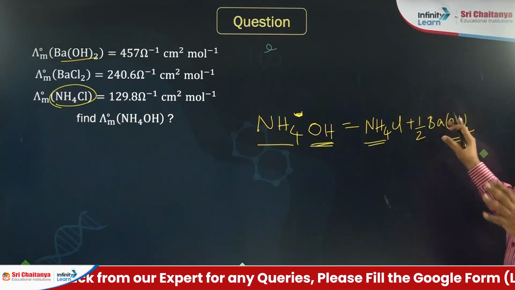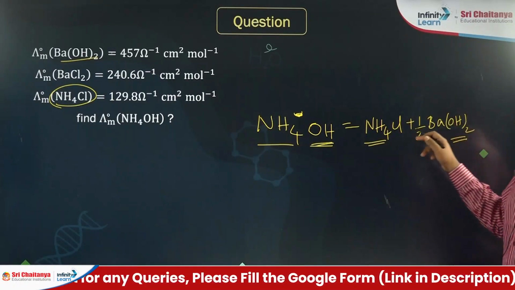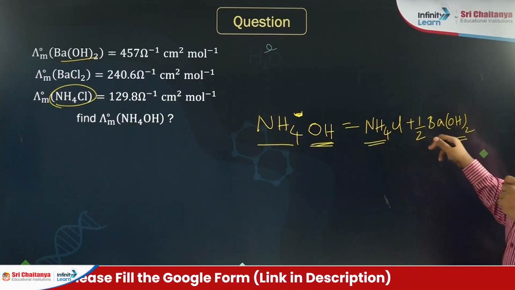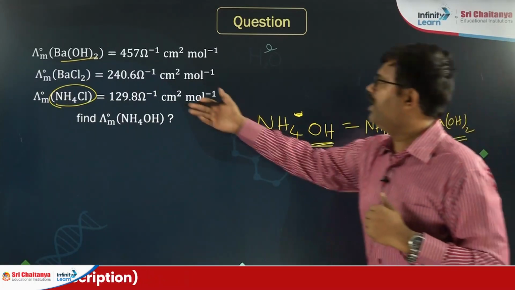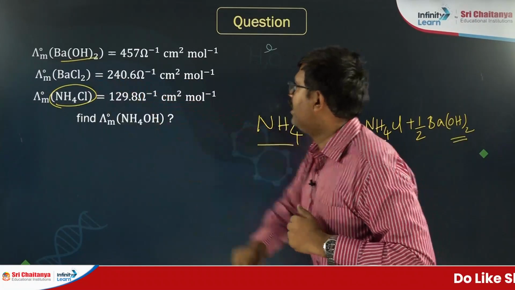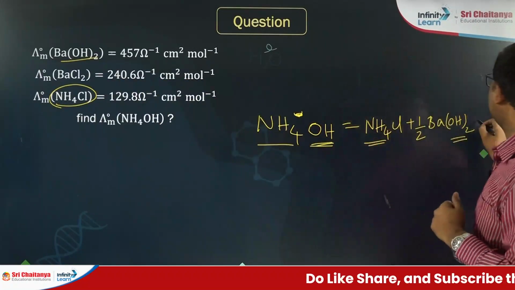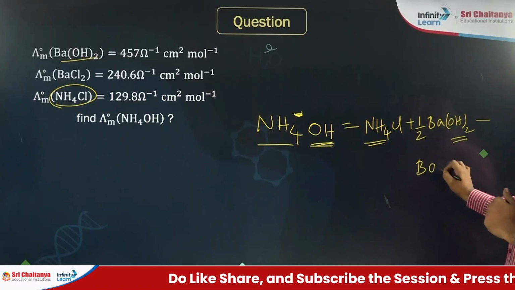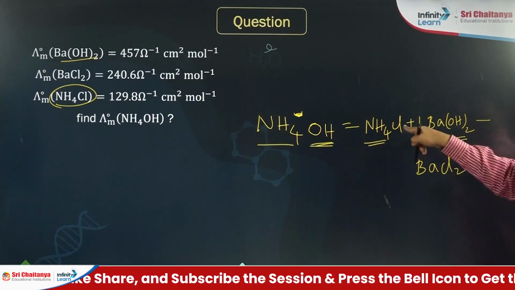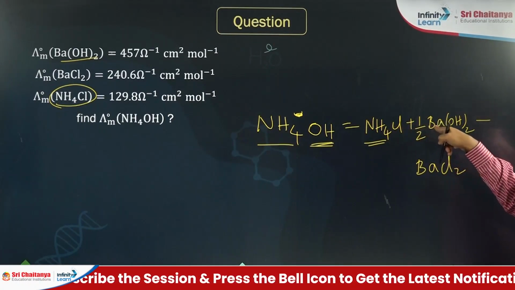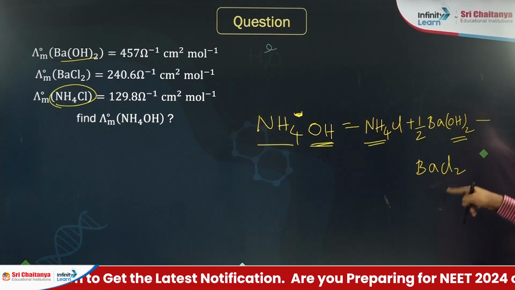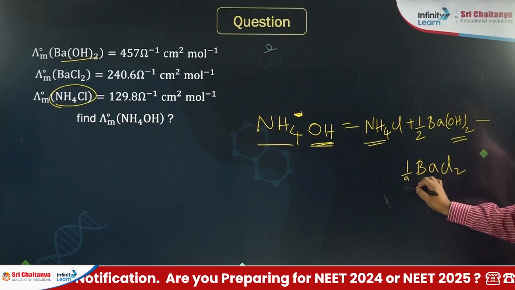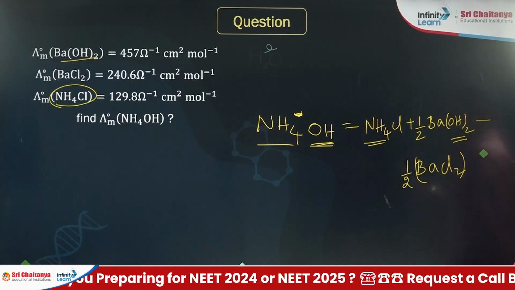Now in this process I got NH4 plus and OH, but unnecessarily I got Cl minus and half barium. So barium and chlorine I need to subtract. Where are this barium and chlorine? It is in the second data, BaCl2. So subtract the BaCl2. But 1 Cl I have to subtract, half barium I have to subtract, whereas in this BaCl2, 1 Ba and 2 Cl are there. So what I will do, I will multiply with half, just like this.